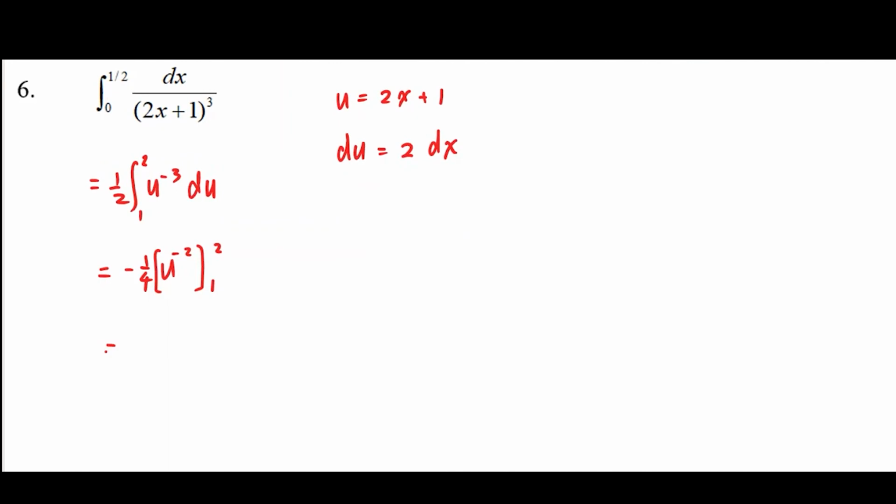Okay, so this is -1/4 of, put 2 in, is it 1/4? -1/8? Say yes. So this is 3/4 times 1/4. So we have 3/16. How about that? Good. Okay, any questions?